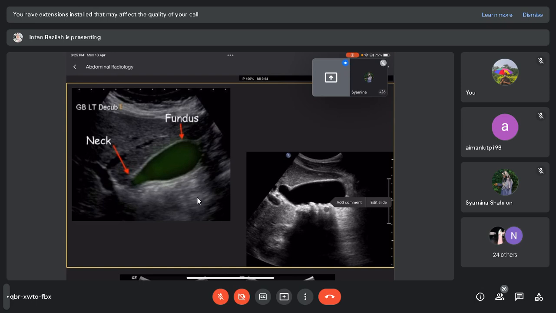Calculus in ultrasound will show posterior shadowing because when you give an ultrasound wave, this is the anterior part, and then this dense bone or calculus will absorb and does not allow the sound wave to penetrate behind. So that's why it will give the posterior shadowing appearance.